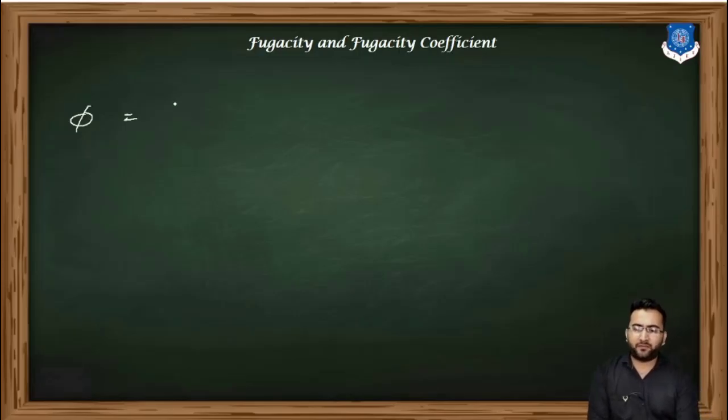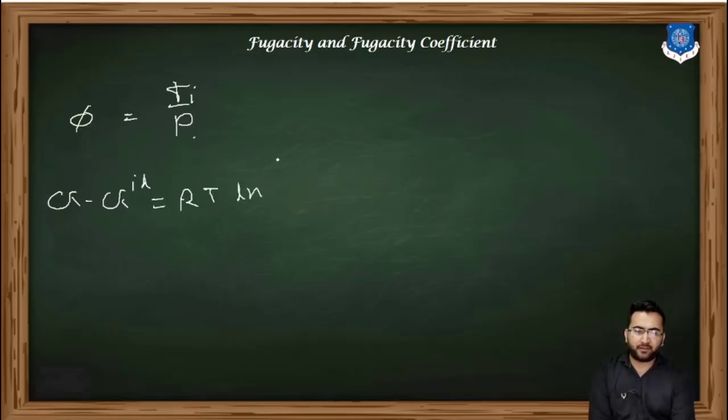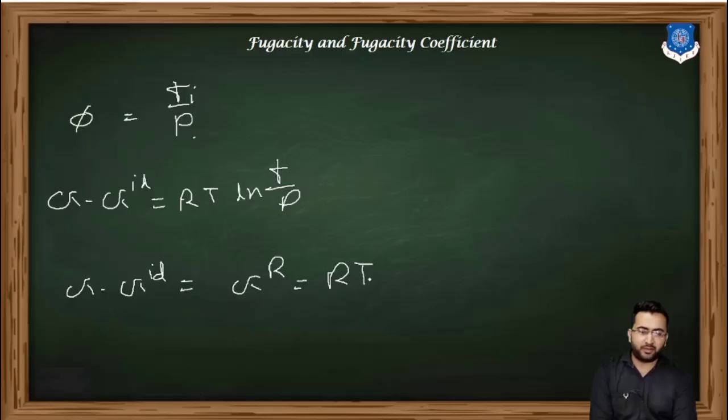So phi is equal to fugacity upon pressure, that is, the effective pressure of a particular component of real gas upon P. So G minus G ideal, or real Gibbs free energy minus ideal Gibbs free energy, is given by RT ln F upon P. So G minus G ideal is equal to the residual property, which is RT ln phi, where phi is the fugacity coefficient.